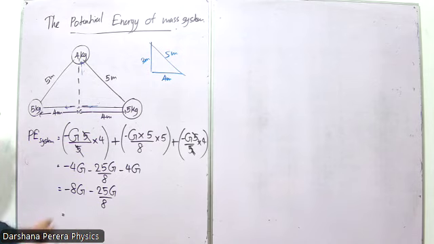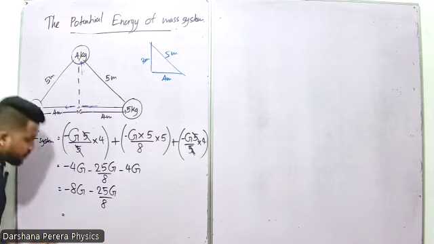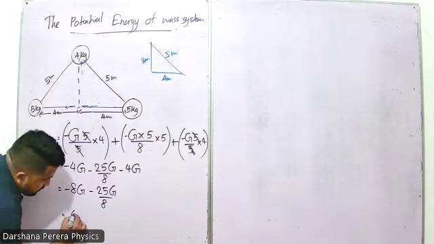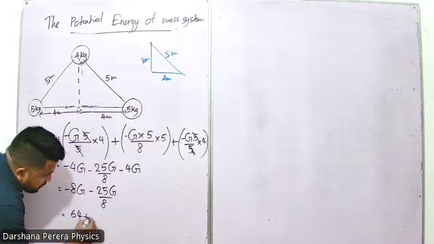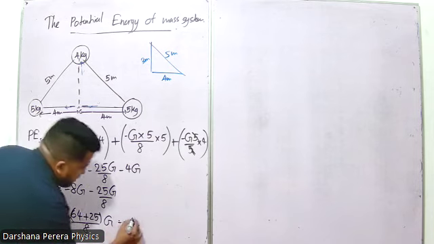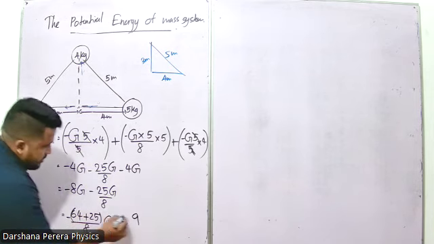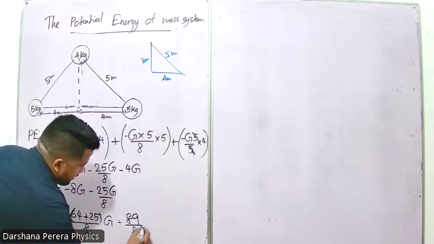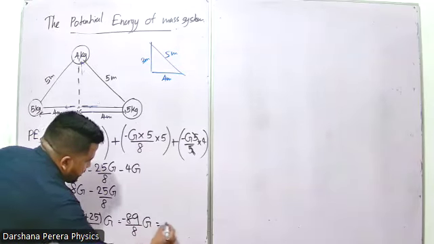So I can take it as 64 plus 25 over 8G, 89 over 8G, that is minus.